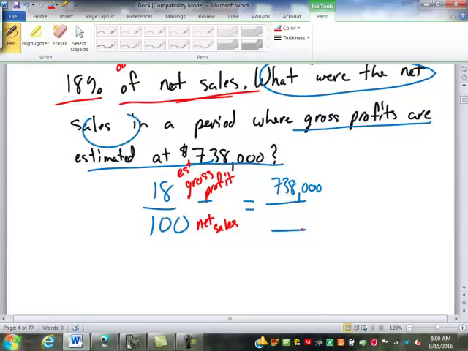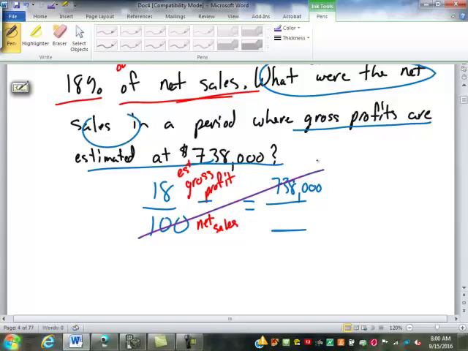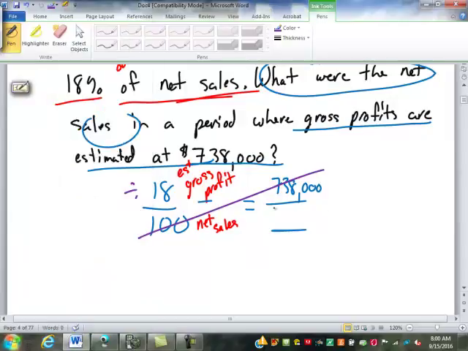So now to find our net sales, we will cross multiply and divide. 100 times 738,000 divided by 18 is $4.1 million.